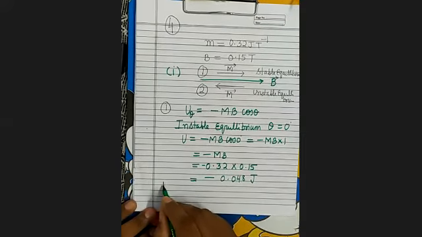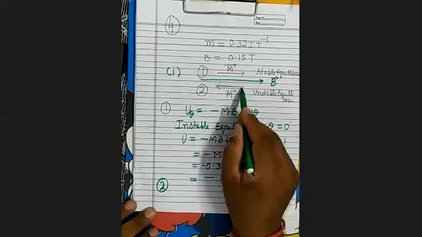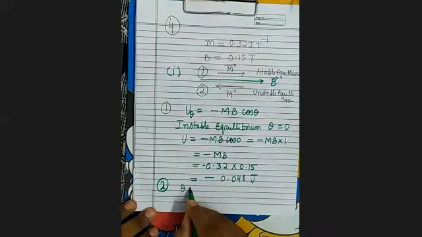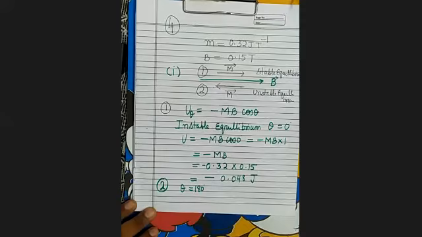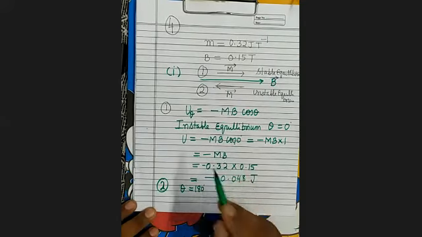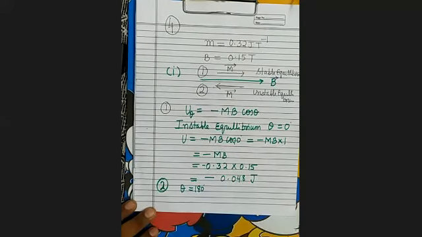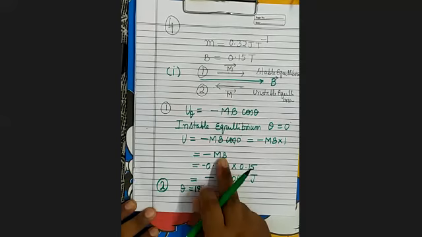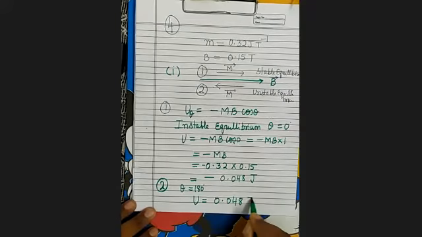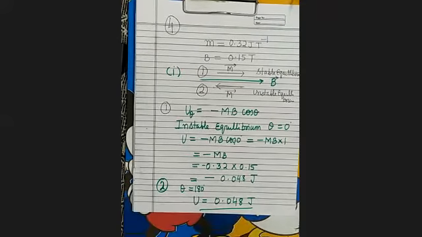Now in the unstable equilibrium, see what theta will be. Here vector m is this, vector B is this, theta is 180. So it is cos 180, and cos 180 is minus 1. So it will be mB, therefore U will be 0.048 joule. I am not doing it completely, I have just explained.